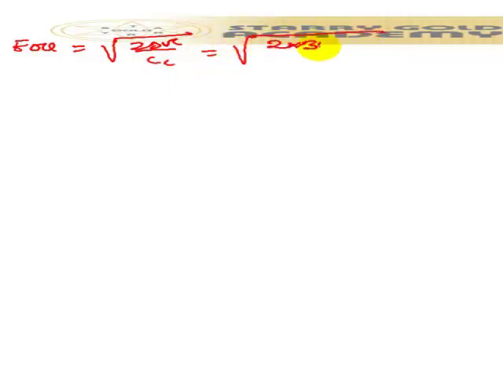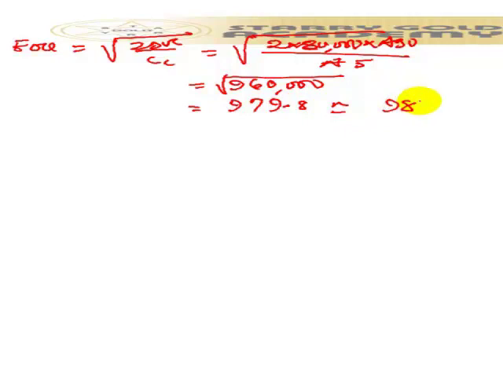Now, our EOQ will be the square root of 2DO over CC, which is 2 times 80,000 times 30 over 5 naira.